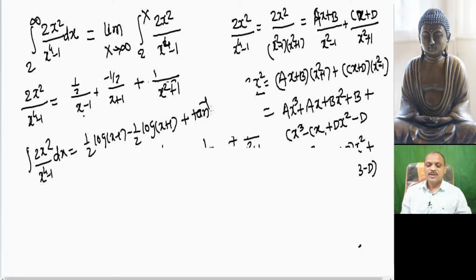If we take 1 by 2 common, log a minus log b gives 1 by 2 log of x minus 1 divided by x plus 1 plus tan inverse of x.